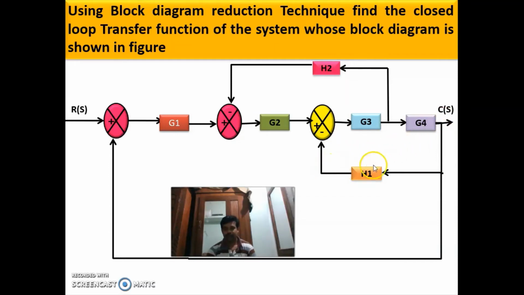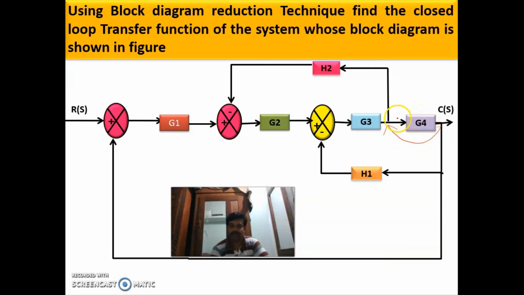If you want to apply the feedback rule, you have to move this branch point. So two possibilities are there. First, I am going to move this branch point to before this block G4.